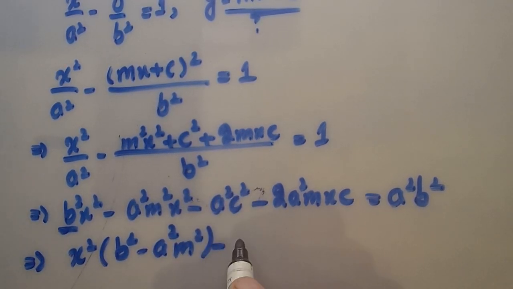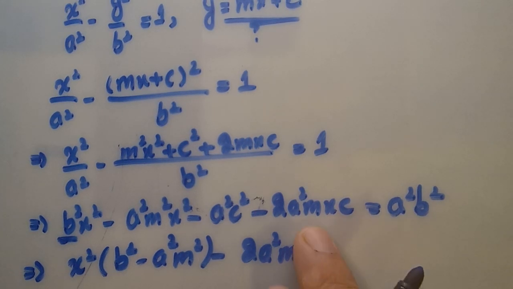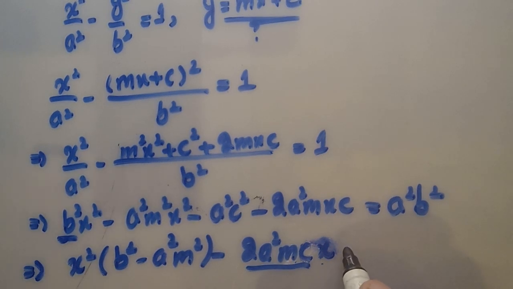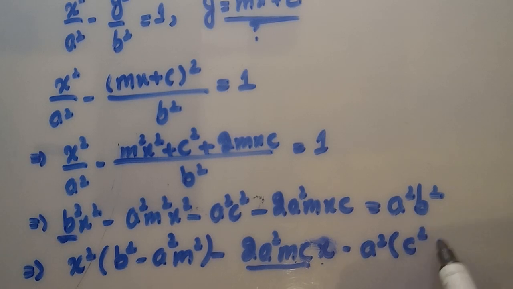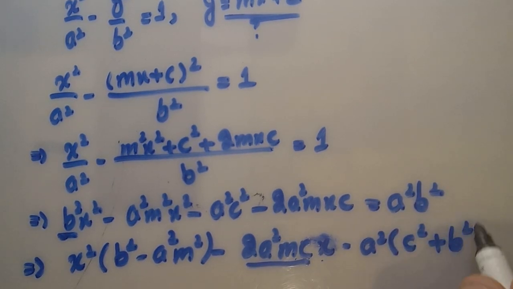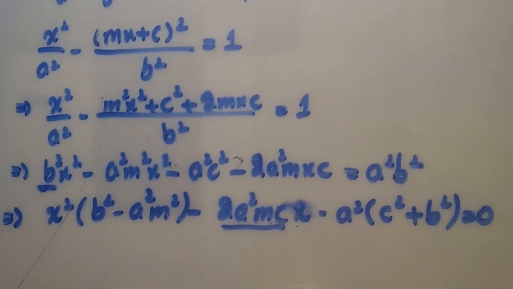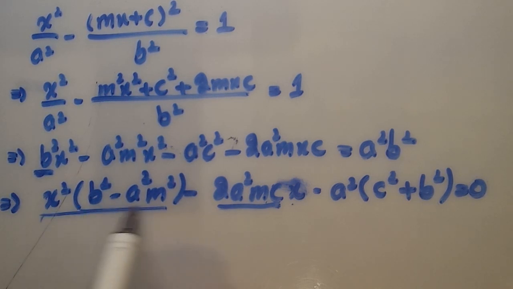Similarly, if we take 2a square mxc, this is the term having c, this is the coefficient of x, minus a square into c square plus b square is equal to 0. You can observe that this will become a quadratic equation in x. This is the coefficient of x square, and these are constants.